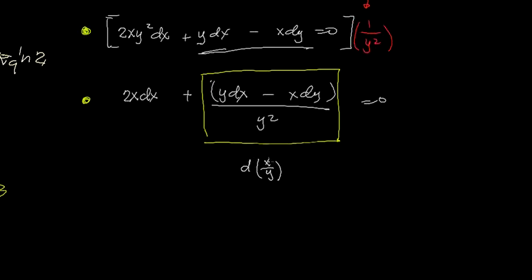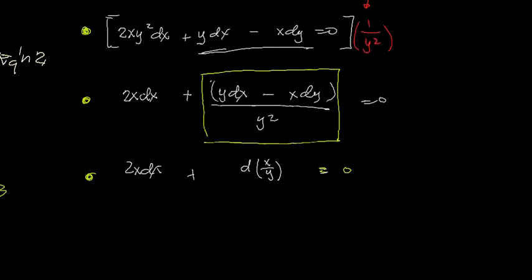Because this is low times derivative of the high minus high times derivative of the low, all over low squared, y times y. So it's 2x dx. All in all, we can express our differential equation in this form.